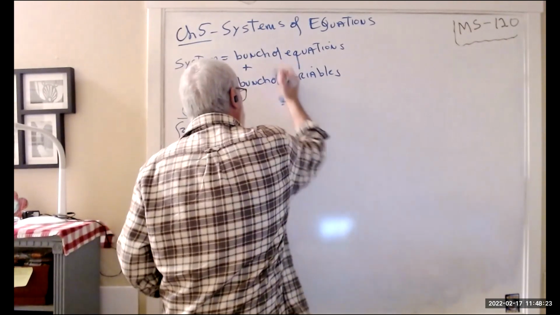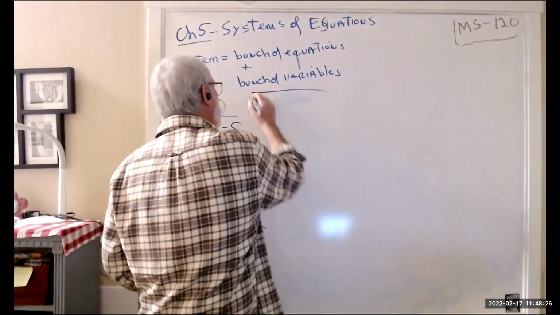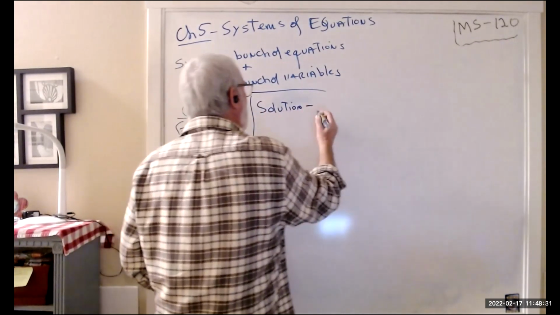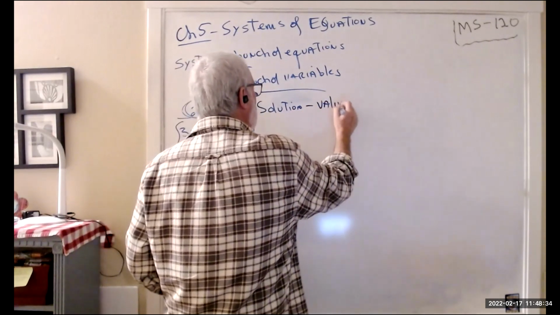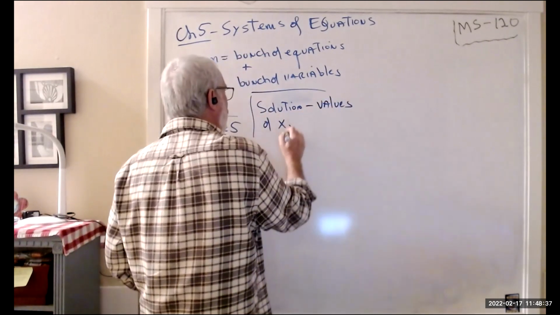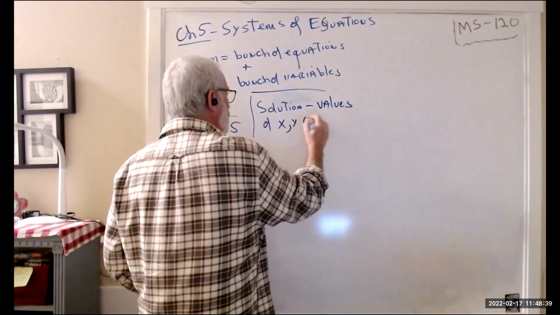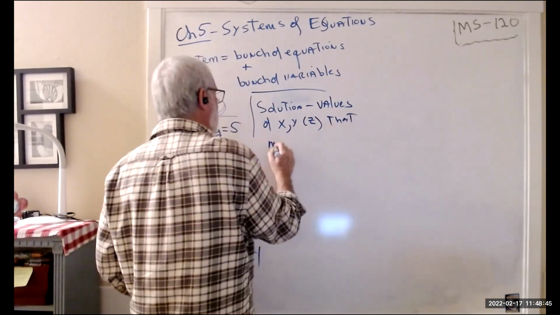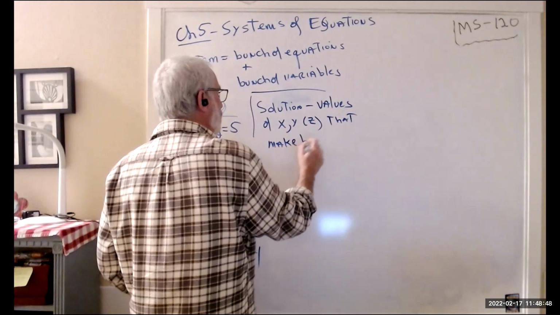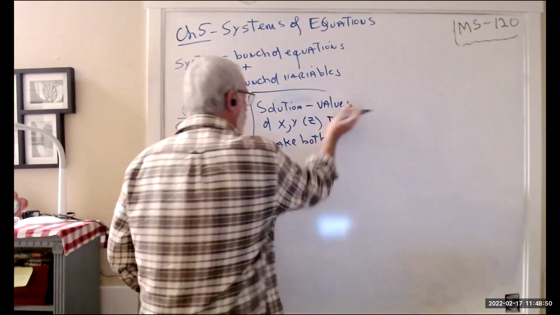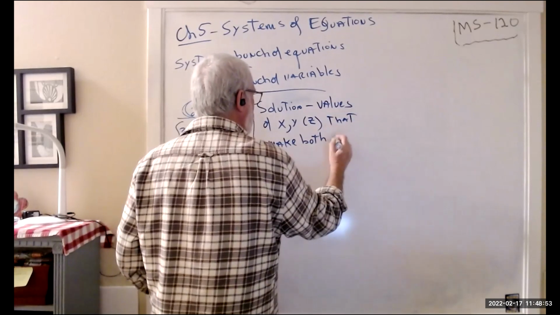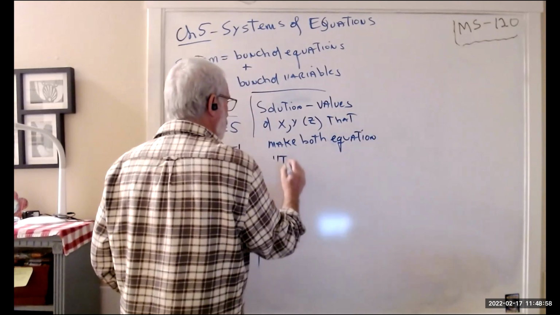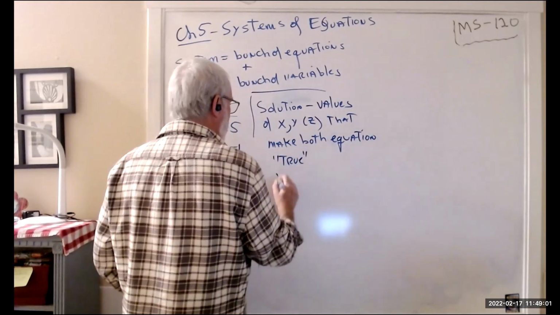It's the values of X, Y, and possibly Z, whatever, that make both equations true at the same time.